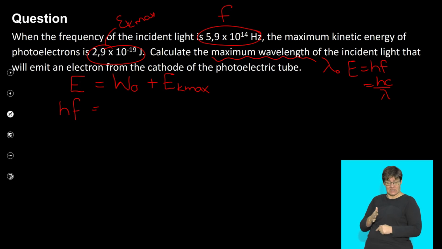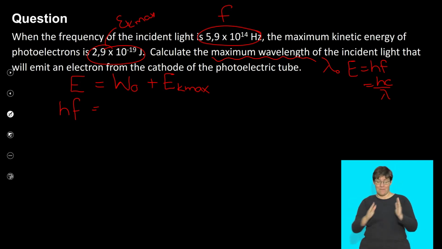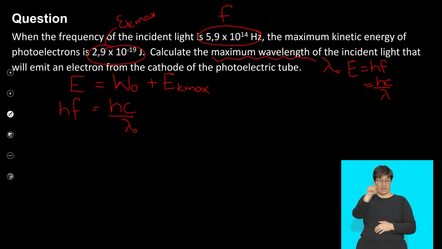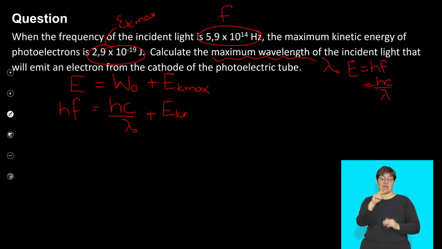We want the maximum wavelength, so instead of hf0, I'm going to put hc over wavelength plus EK max. You know, we've actually done the hard part. This is the science. Now it's substitution.